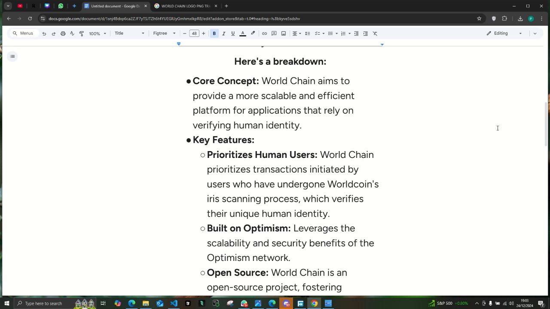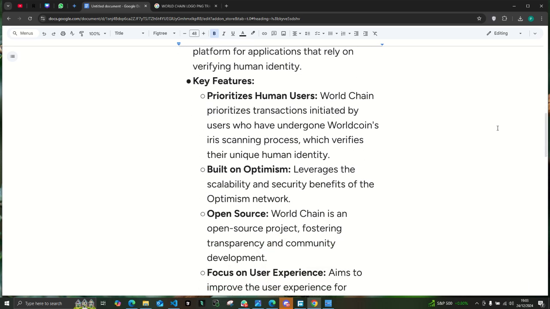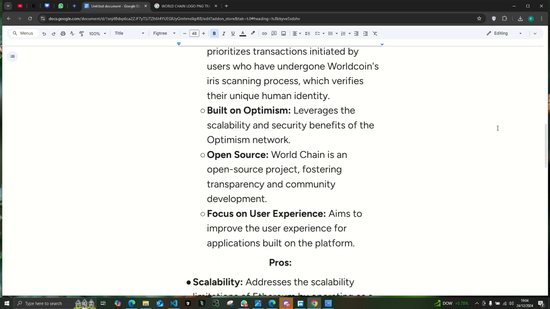The third feature is that it's open source. WorldChain is an open source project fostering transparency and community development. Fourth feature, it focuses on user experience. WorldChain aims to improve the user experience for applications built on the platform.